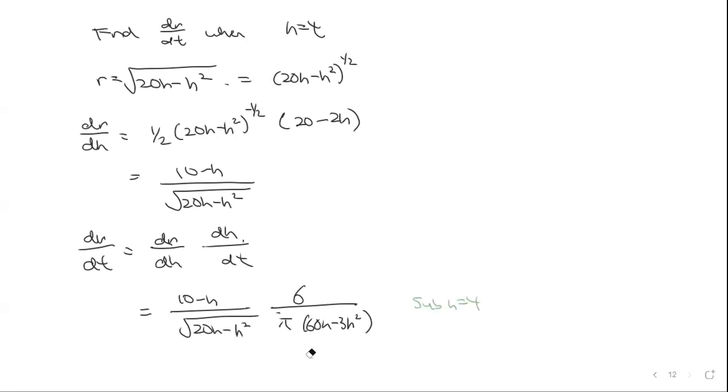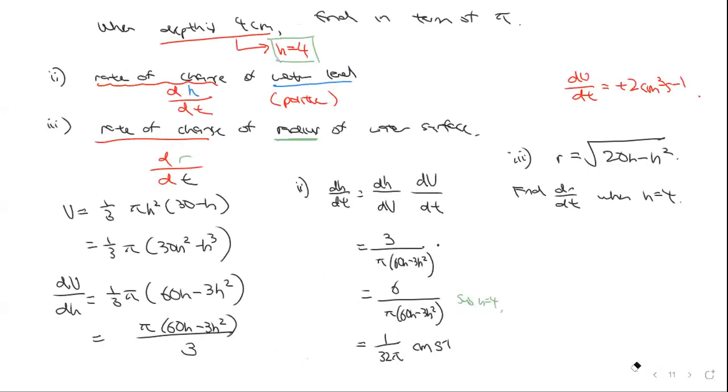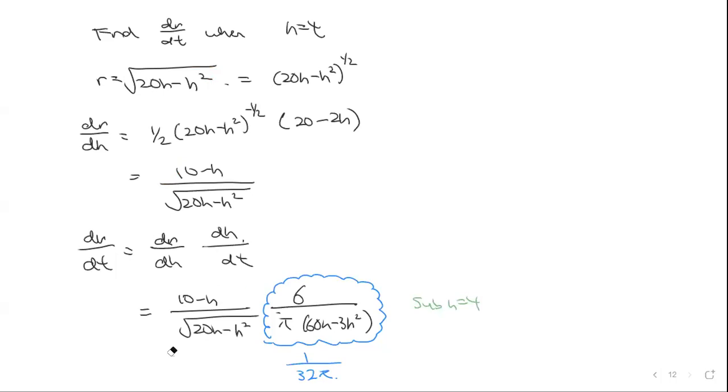Now, let's not bother doing the same work again here on the right. We know the answer to that. We did that earlier. That's just 1 over 32 pi on the right-hand side. So what we now want is to sub 4 in there. So 10 minus 4 is 6.